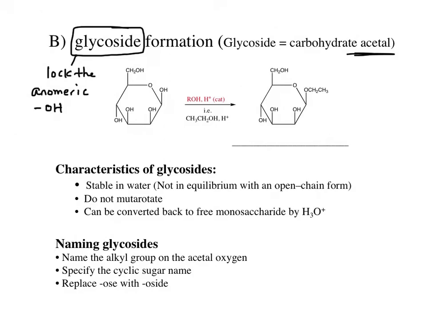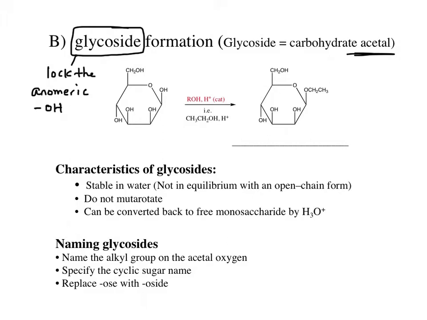I've added just one alcohol to it. Okay? This is a hemiacetal. If I add two alcohols to it, then I get rid of the OH. I protonate it, we do all that, and it leaves as water. I've added two alcohols to it, and this is called an acetal. Okay, we learned that, I think, back in Unit 2.